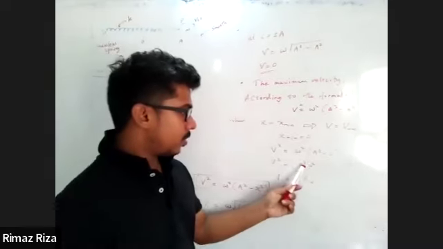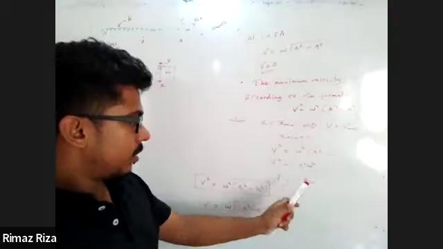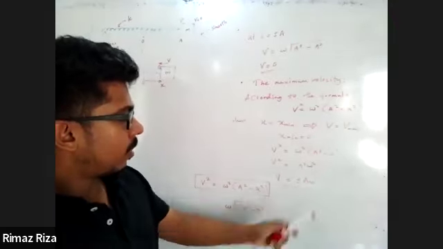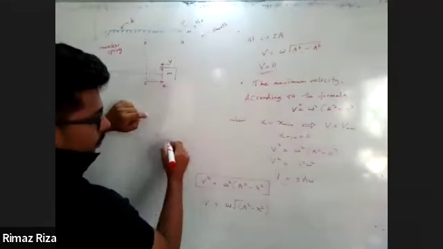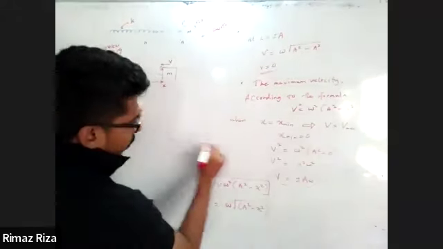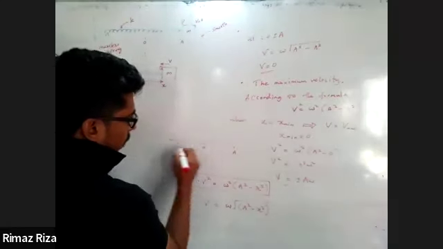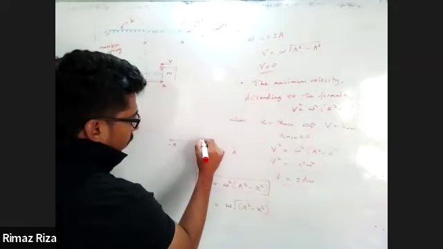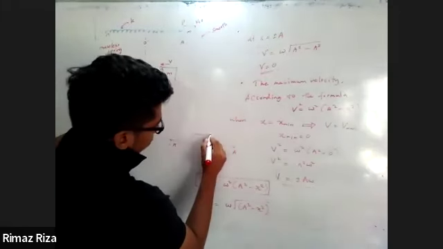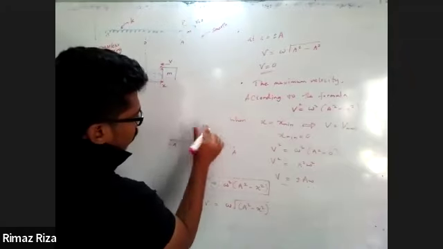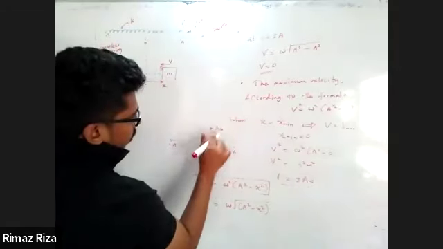So here v squared equals a squared times omega squared. If you take the square root, you have to put plus or minus, so v equals plus or minus a omega. That means we have two solutions. If the particle is moving in simple harmonic motion between plus a and minus a, when the particle is here and moving this side, we have a omega.